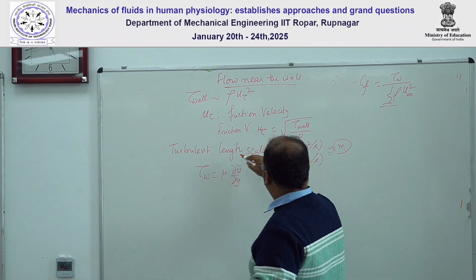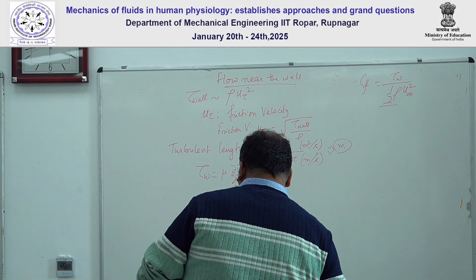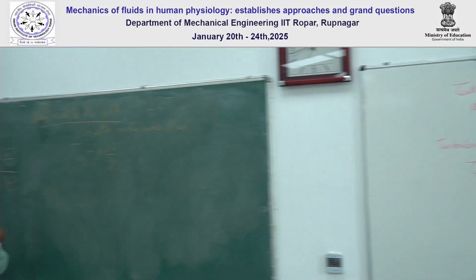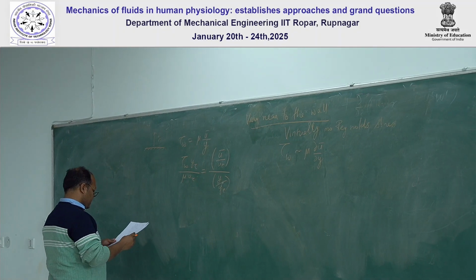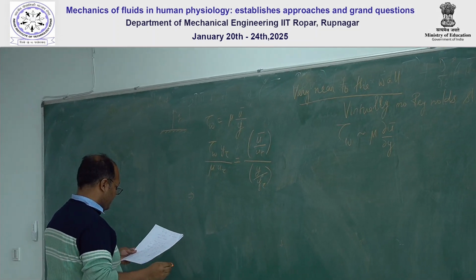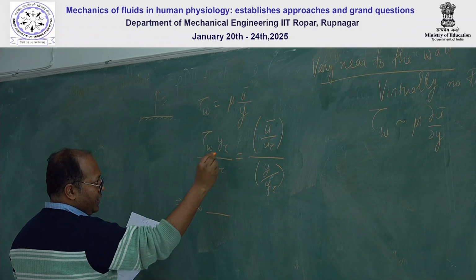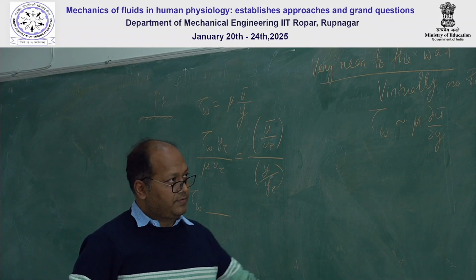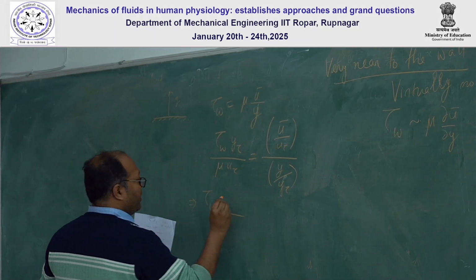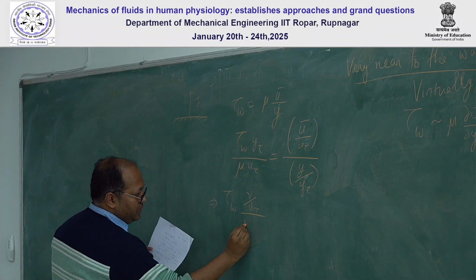This is the terminal length scale we are defining as y tau. We are writing this formula, that is nu by u tau. This is as it is.